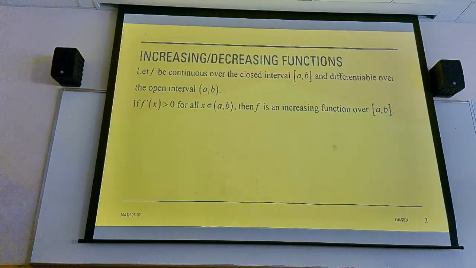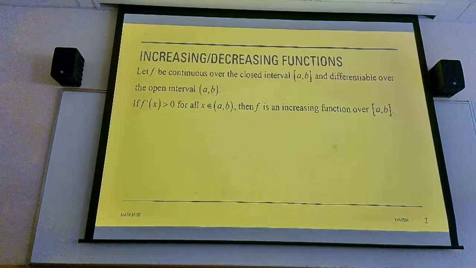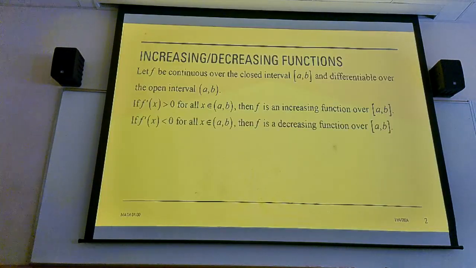If f prime of x is greater than 0 for all x in an open interval AB, we say that f is increasing over the closed interval A to B. And if f prime is negative, we say it's decreasing.